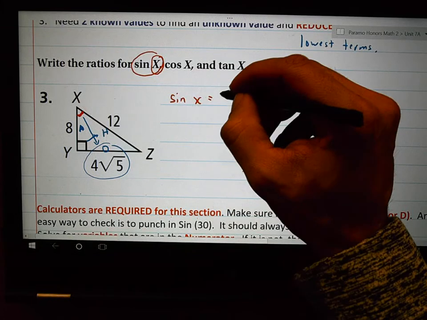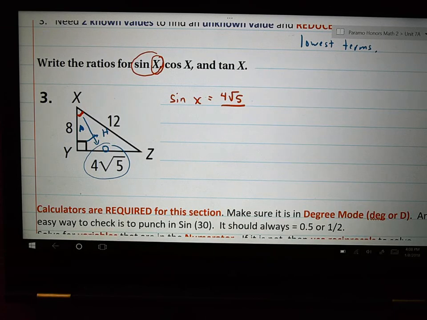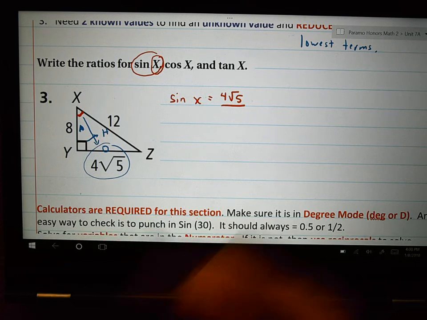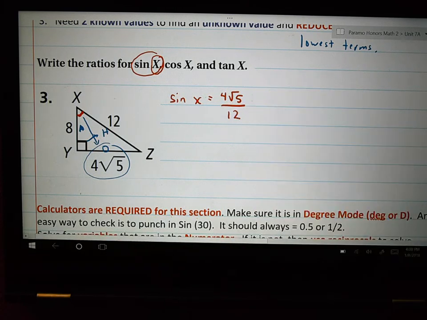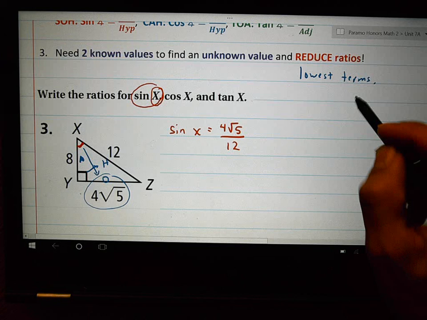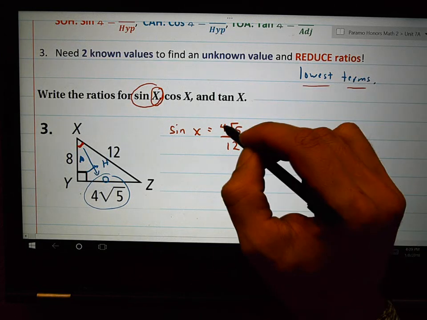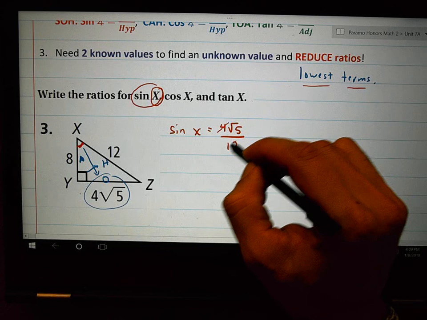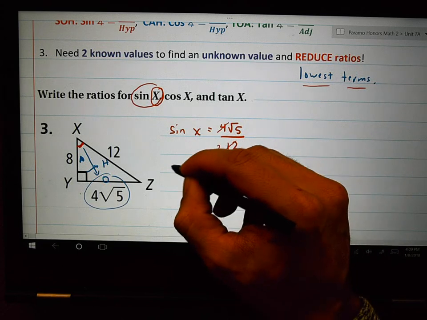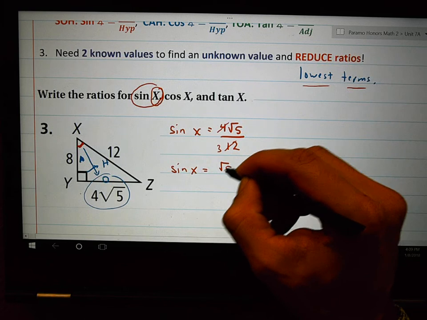The opposite is 4 root 5. So, opposite over hypotenuse. What's the hypotenuse? And this is what the sine of x is equal to. The only thing that we need to do now is what this thing says, which is lowest terms. The outside can reduce with the outside, and so the sine of x is equal to root 5 over 3.